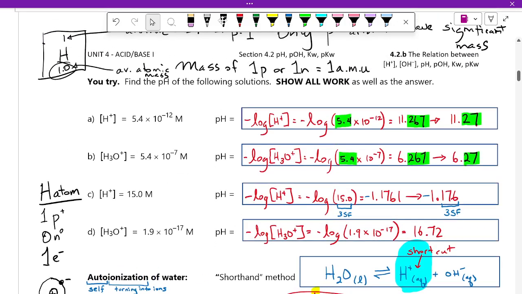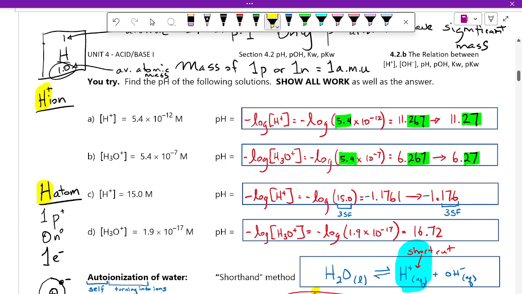How would we draw a hydrogen ion, an H+ ion? What would happen to that? How many protons, how many neutrons, how many electrons? Does the number of protons change when we go from being H to being H+?